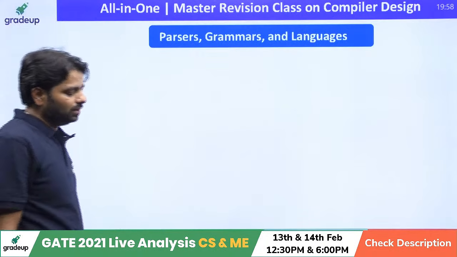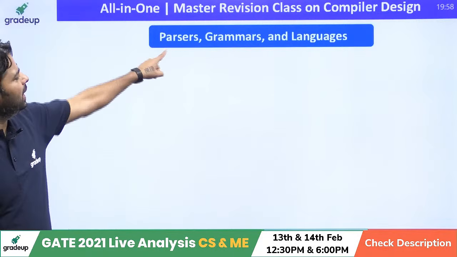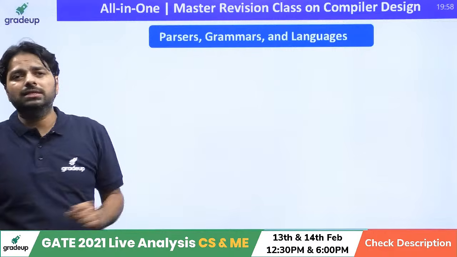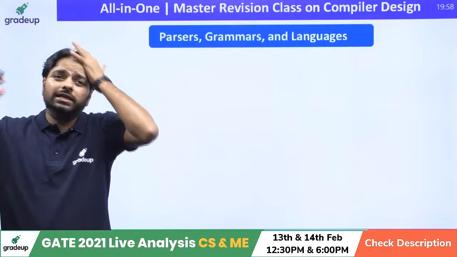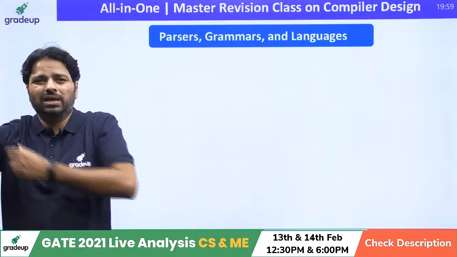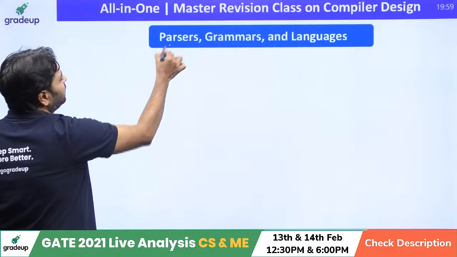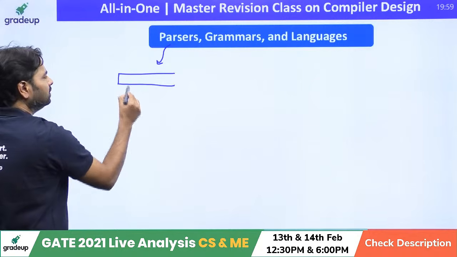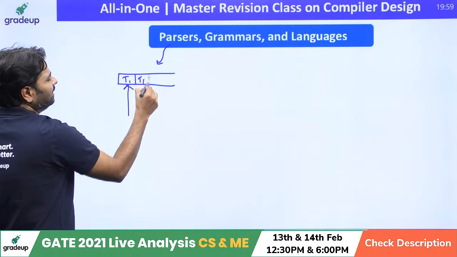Anyhow, I did it. Parsers, grammars and languages are all different. A parser is the combination of many things, grammar is a set of productions, and language is a set of strings, or a set of tokens here in this compiler. A parser has many components. Input, here you have tokens, like T1, T2.